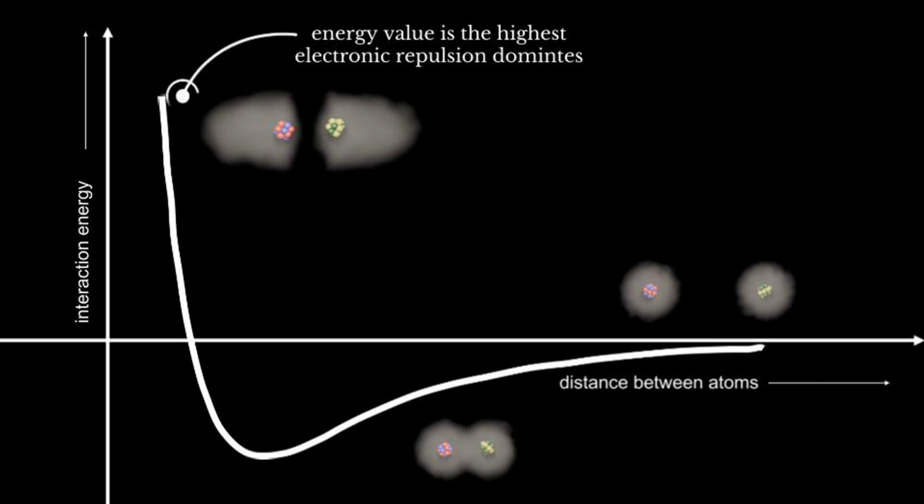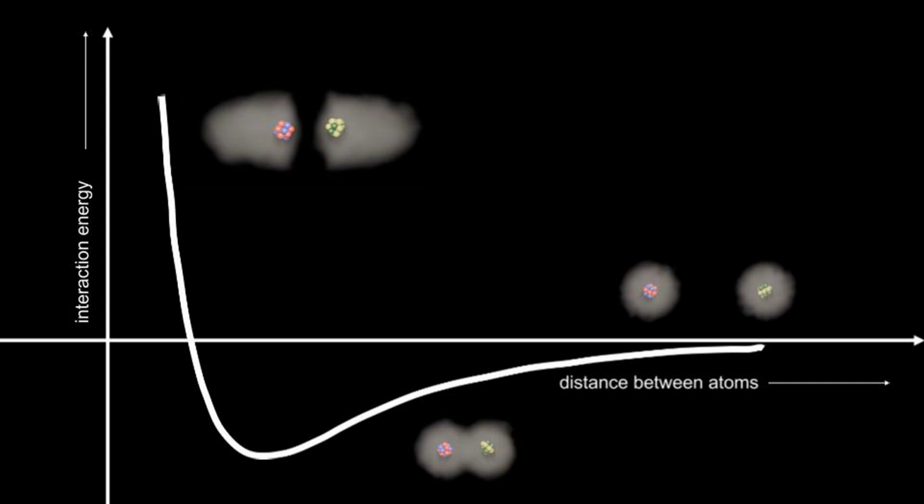So from the graph, it is clear that at very great distances, there is no interaction energy between the atoms. Then as we reduce the distance between the two atoms, the attractive energy dominates the interaction energy.